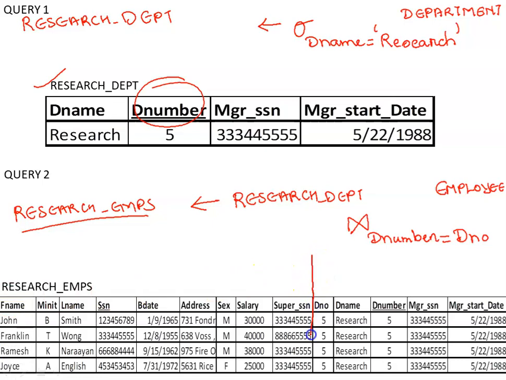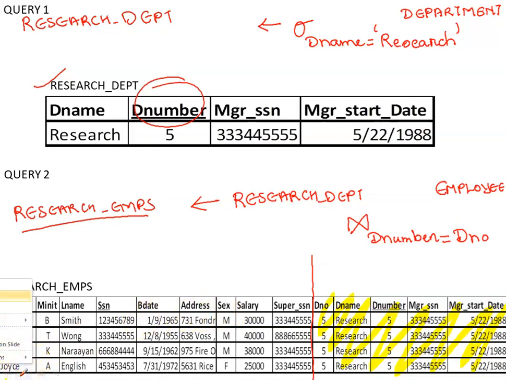This portion of the table gives information about the employee, whereas this portion tells you about the department. Now if you see, we have only one tuple over here which is mapped with the tuples of the employee relation wherever there was a match.